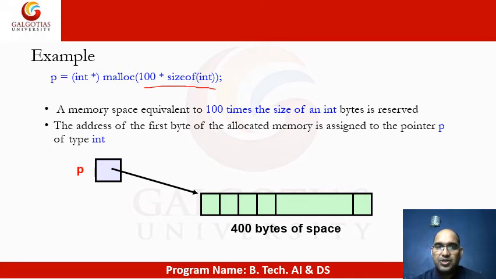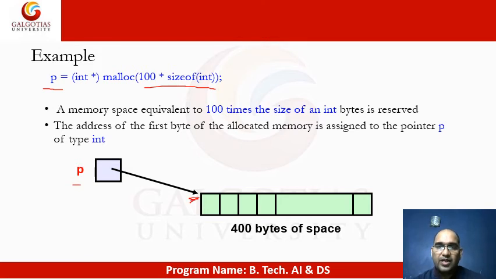Now the question comes: how will I access this particular space where we have allocated the 400 bytes? As in the case of an array, I have told you that the name of the array gives you the address of the first element. So here also, p contains the address of the first element of this newly allocated memory.